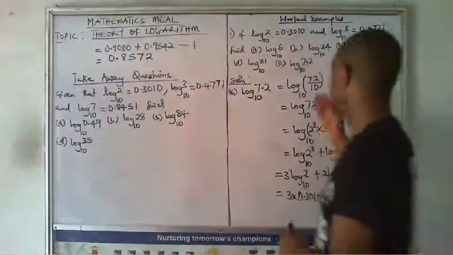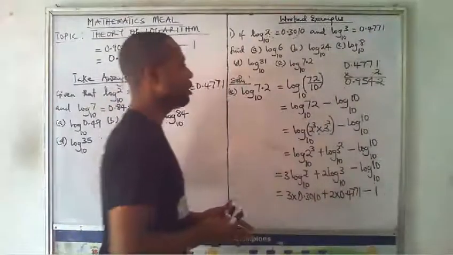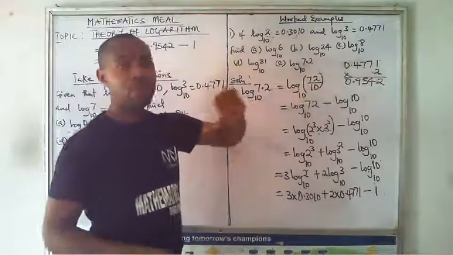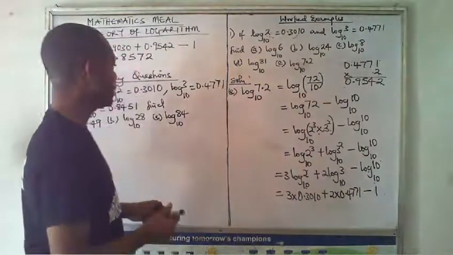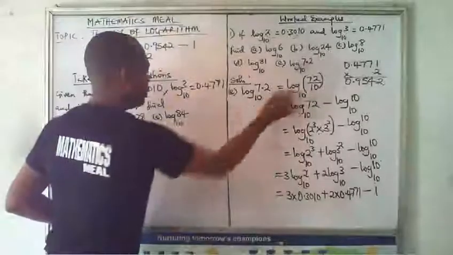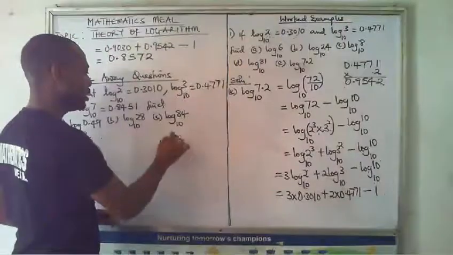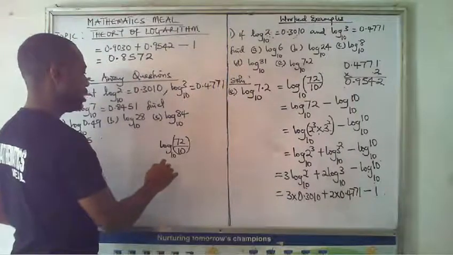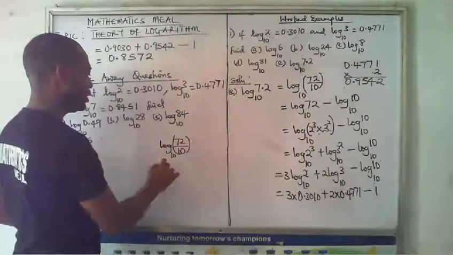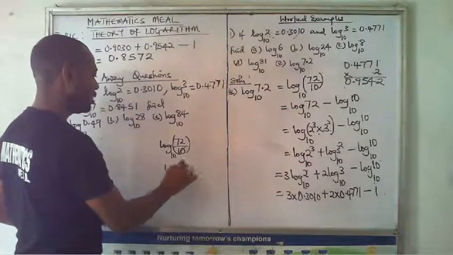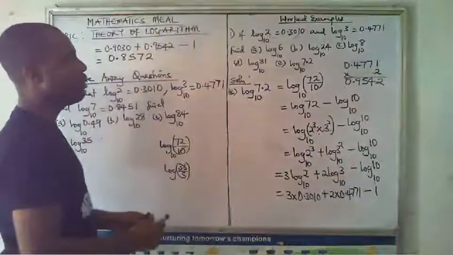Now here, before we leave, we have obtained this answer. There would have been a serious problem if a student decided here to do log 72 over 10 in base 10. And the person now says 2 divide this, we have 36, and 2 divide this 5. We'll have a problem here. What will be the problem?